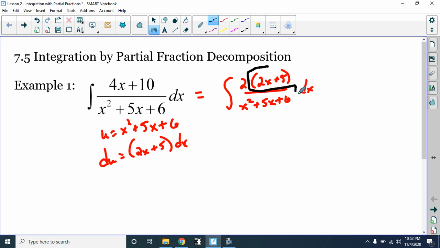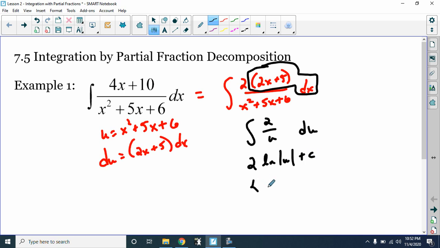There's 2x plus 5 dx. That becomes du. So I get the integral of 2 over u, which integrates to 2 ln of the absolute value of u. So we have 2 times natural log of the absolute value of x squared plus 5x plus 6 plus c.